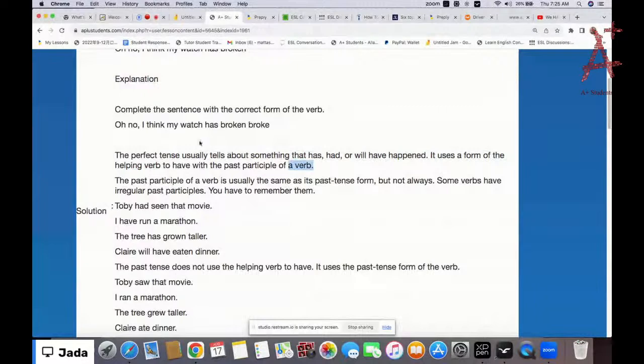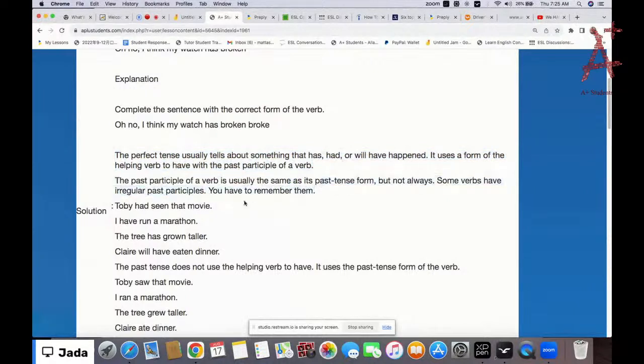Then the past participle of a verb is usually the same as its past tense form.